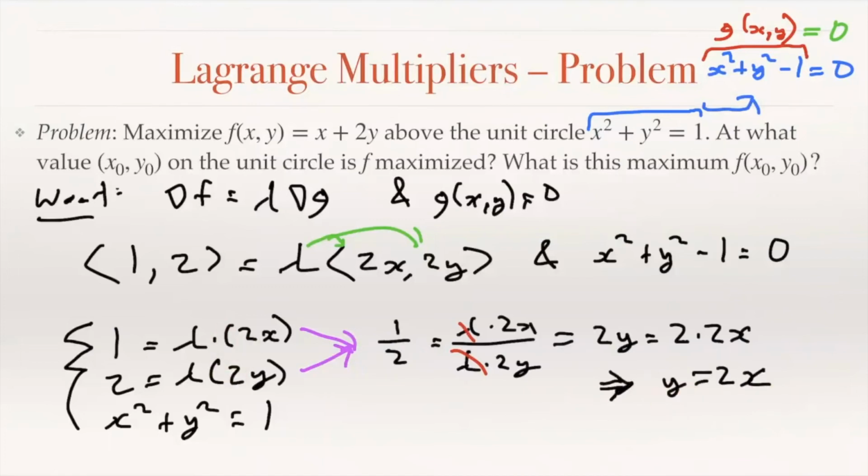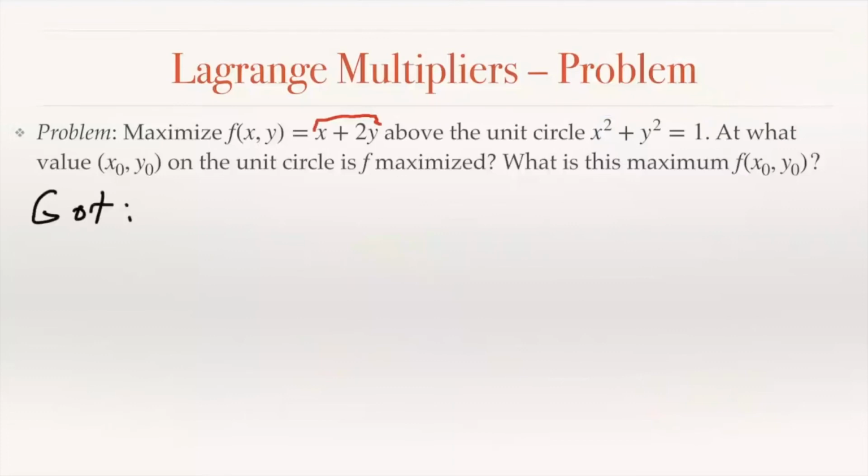So we have found that y is 2x. From the first two equations, we'll always get some hopefully nice relationship that we can then use to plug in to our constraint and solve for the value or values of x and y. Okay, so we still need to deal with the fact that we're lying on our constraint curve.